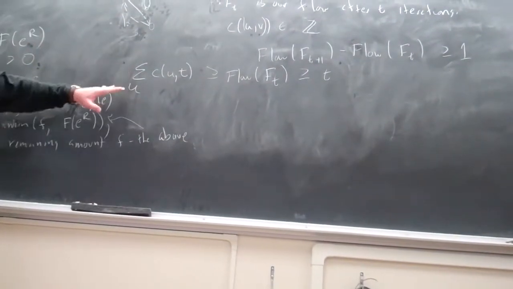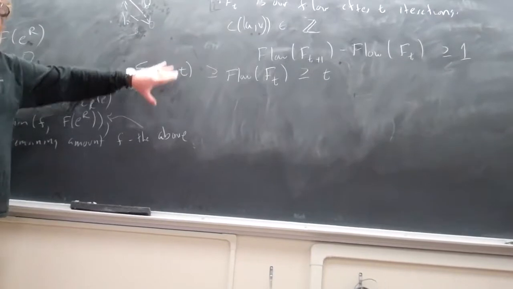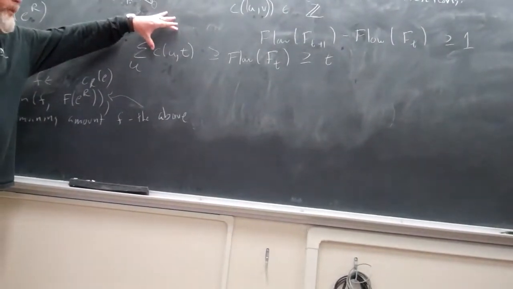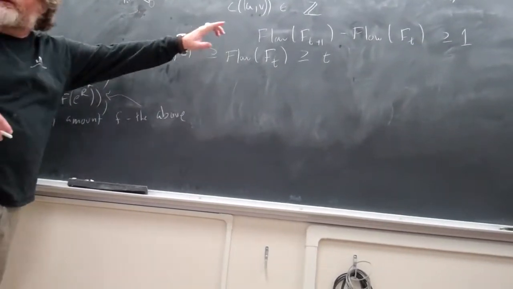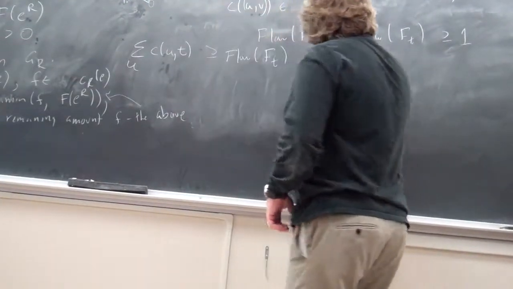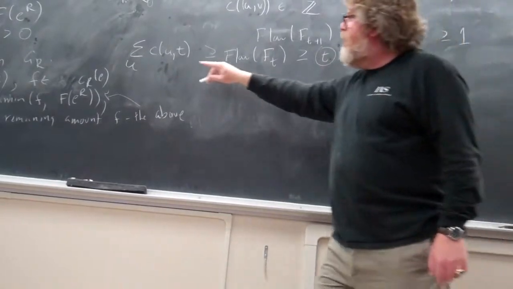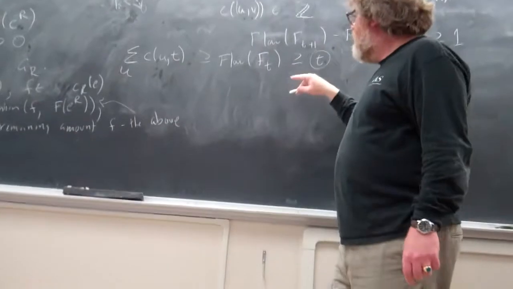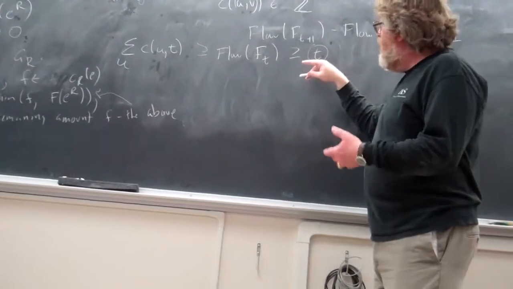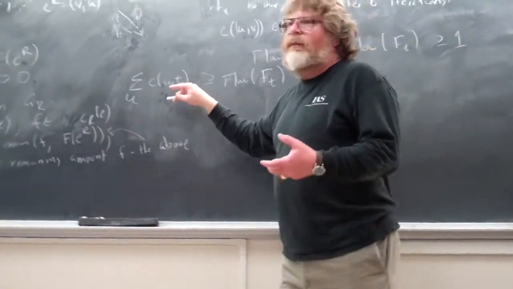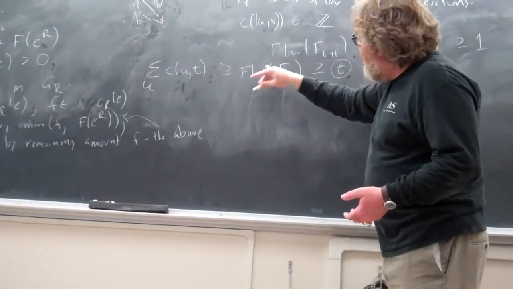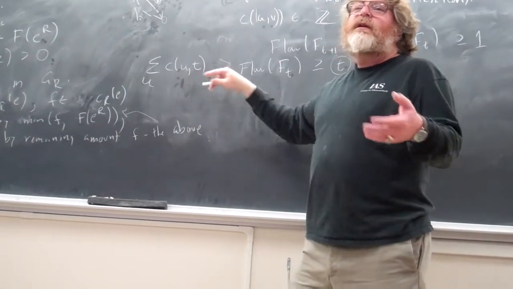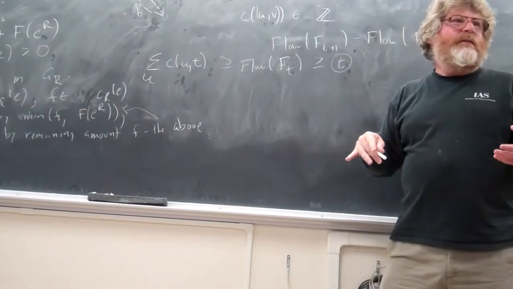Each of these is some fixed integer. So in particular, the algorithm is going to terminate within this amount of time. The number of iterations is at most the size of the flow that we get, and the size of the flow is at most the sum of the capacities of, say, the edges coming into t.